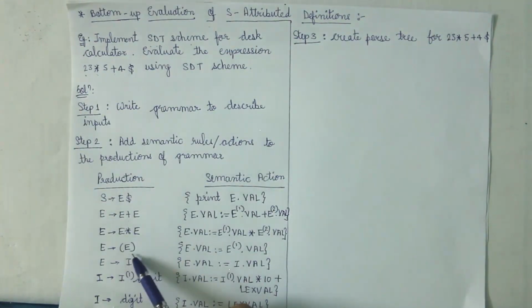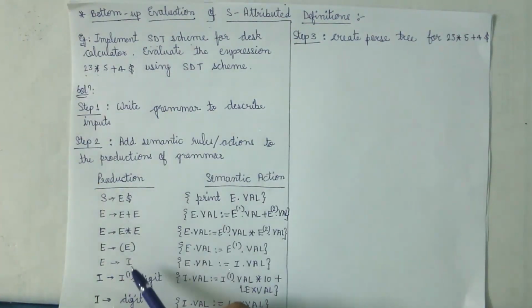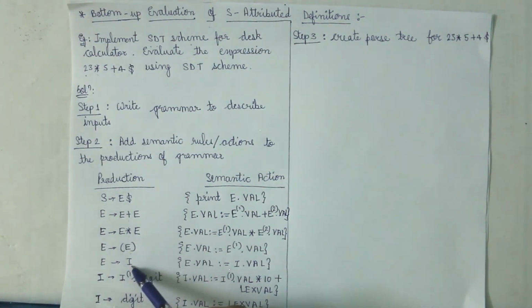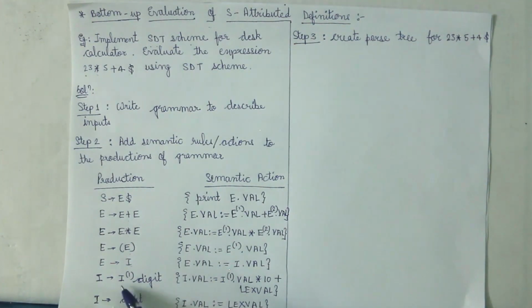You can use brackets in case I want to do addition first, so one production for brackets, and any number is represented with I. So what is I? I can be I digit, a recursion, or I can be simply digit. I tends to digit indicates it is only one digit, and when you have more than one digit, we will be using this expression recursively. We'll explain this with the example ahead.